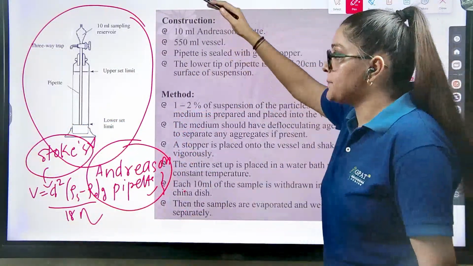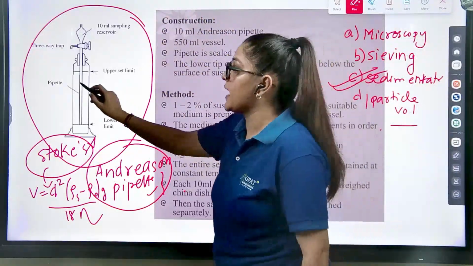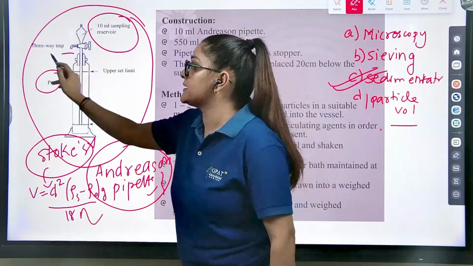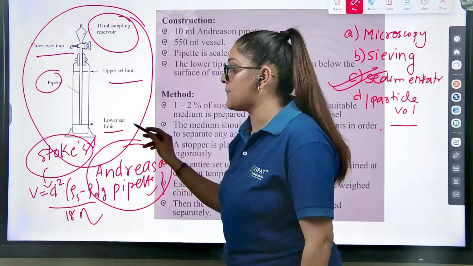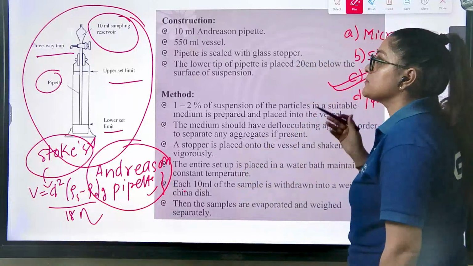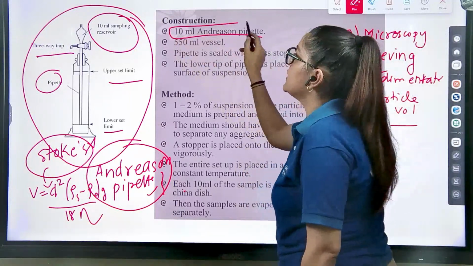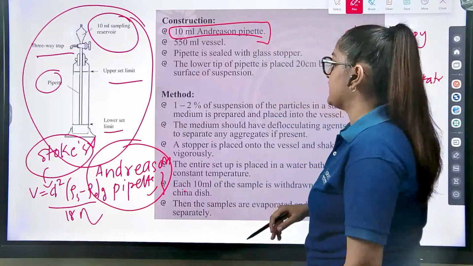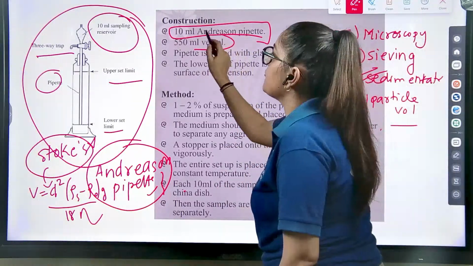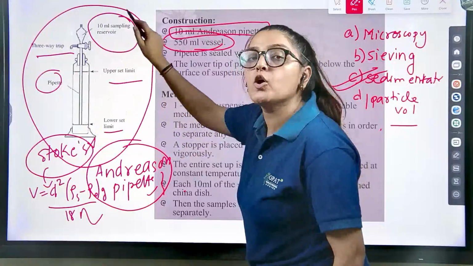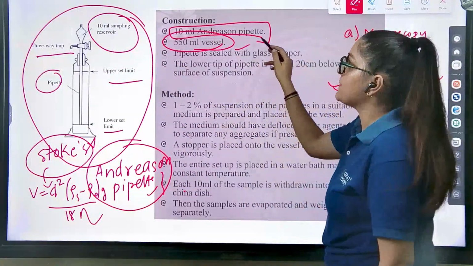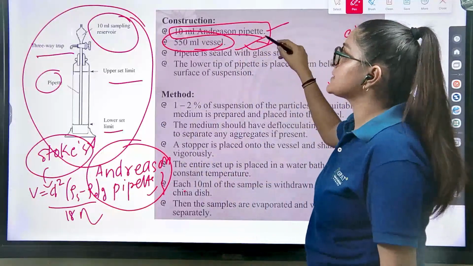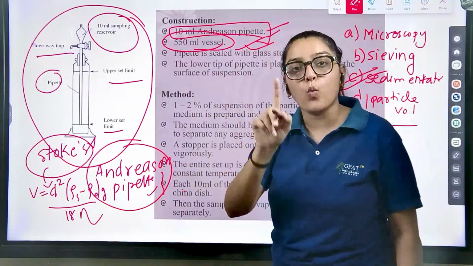Then what are the important things to remember from an Anderson pipette? In this complete pipette, you can see we have a pipette inside here. You have a sampling reservoir here. You have a tap here. Then here is the upper and the lower limit. So please mark, this is a 10 ml Anderson pipette in which 550 ml is the capacity of the whole vessel. 10 ml is the sampling it can do at once, right?